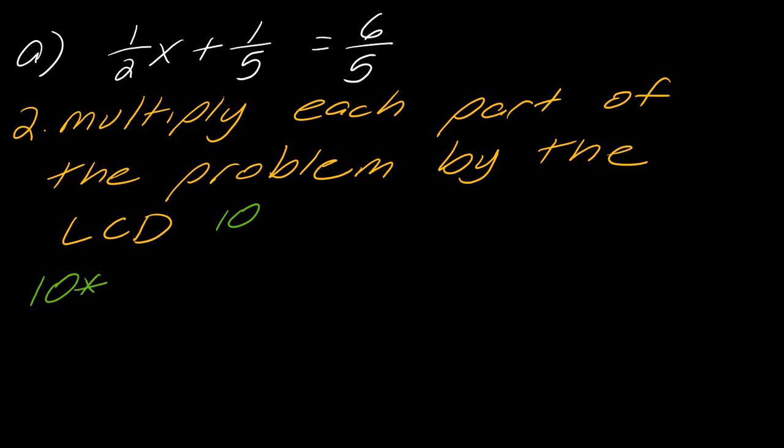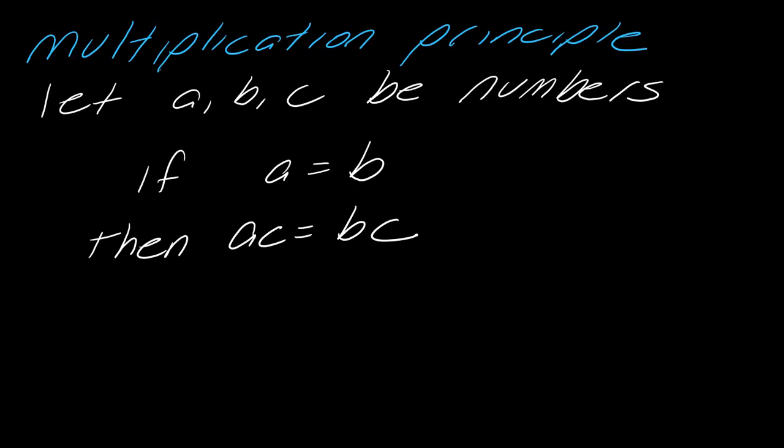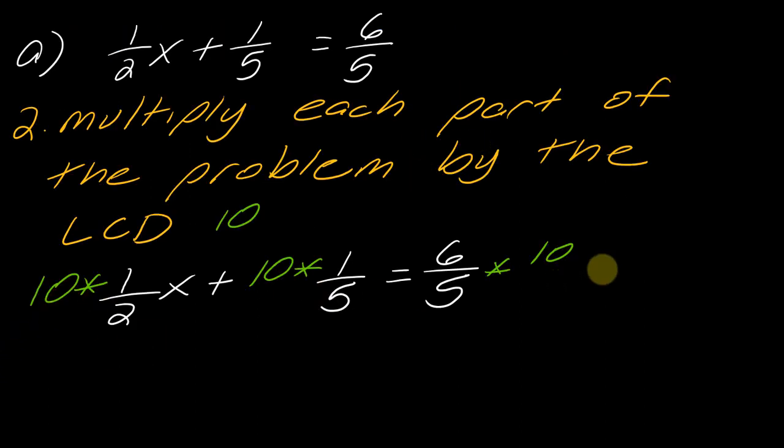I'm literally going to rewrite the original problem, but notice what I'm doing: I'm multiplying each part of this problem by 10. In the end, this is 6/5 times 10. So I've multiplied every part of the left side and every part of the right side by 10, which is really what the multiplication principle is getting at. It may look like a harder way to look at this, but it's still the same idea, okay?